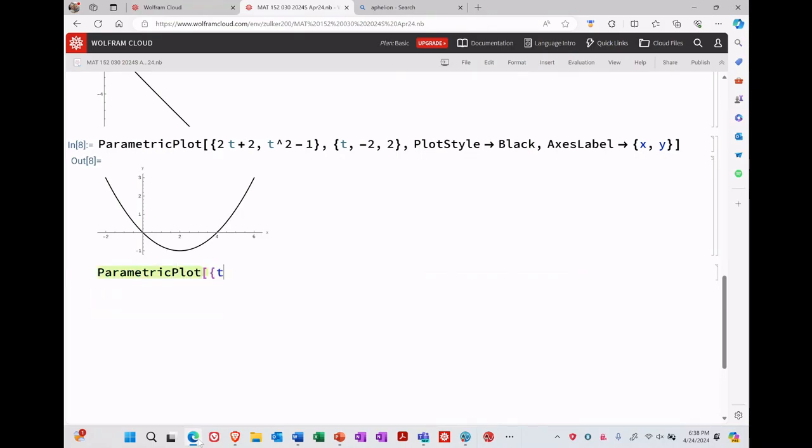That's a parametric plot. We have t minus sine of t, and then 1 minus cosine of t. Start with 0 to 2 pi.